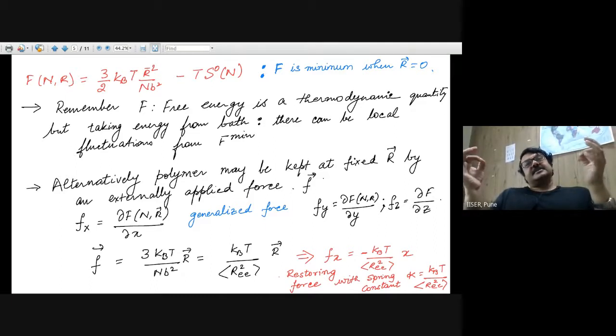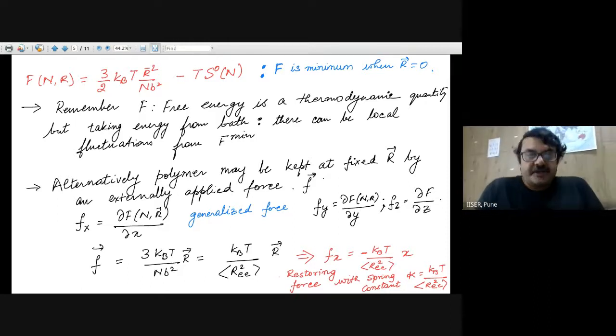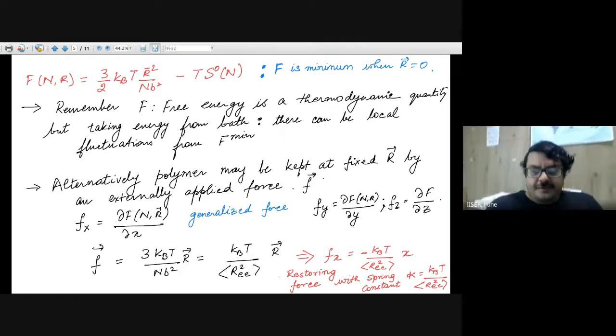the system is at a higher free energy than the free energy minimum. One can also say that the polymer then applies a force in the equal and opposite direction, right? So if you like, the restoring force is minus kBT by the mean Ree squared times X. This is the X component. Now, this looks very much like the spring constant of a harmonic spring, right?